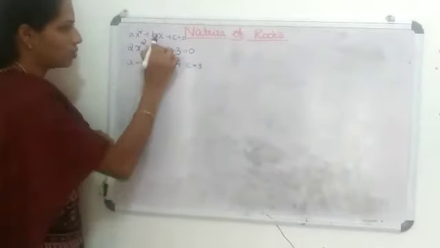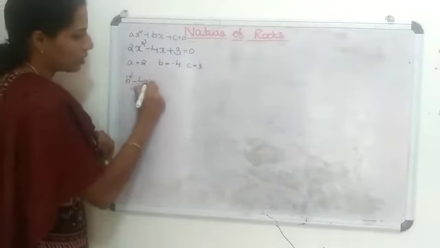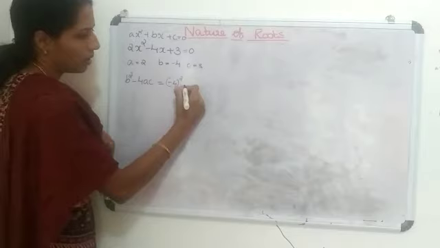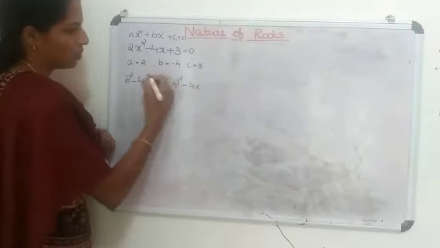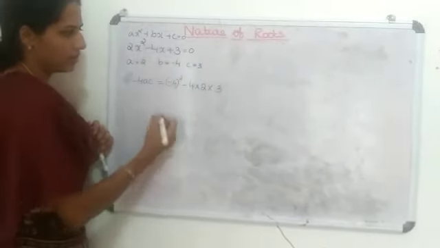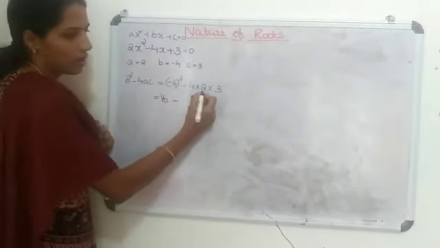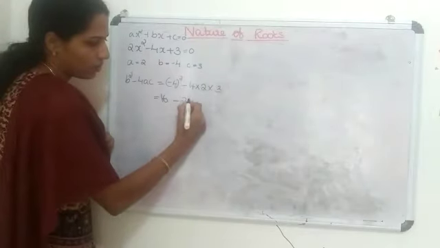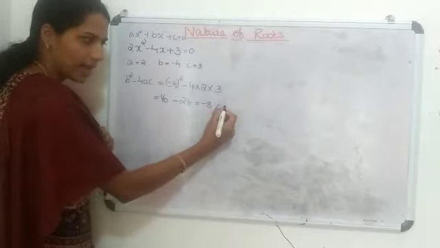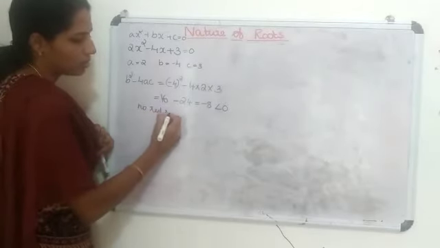Now, b square minus 4ac is minus 4 square minus 4 into a into c. That is 16 minus 4 2s are 8, 8 3s are 24, which equals minus 8. Minus 8 is less than 0, hence the equation has no real roots.